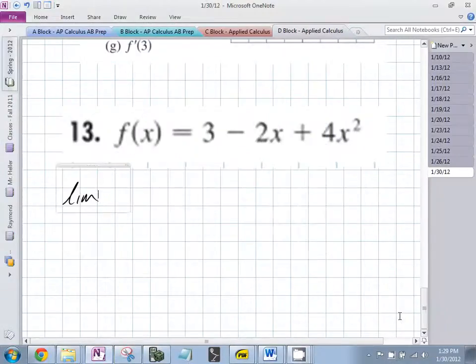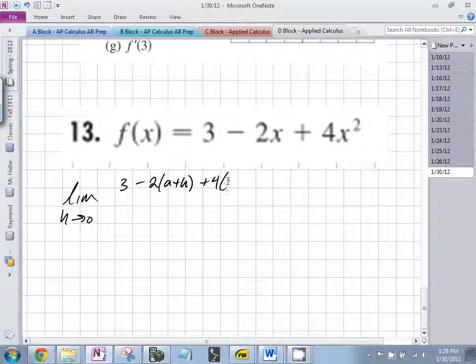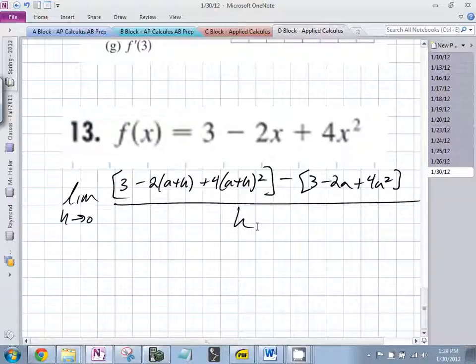The limit as h goes to 0 of 3 minus 2 times (a plus h) plus 4 times (a plus h) squared, minus (3 minus 2a plus 4a squared), all over h. On this one, what should you just do?